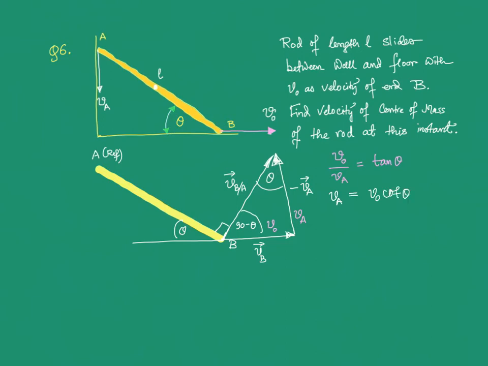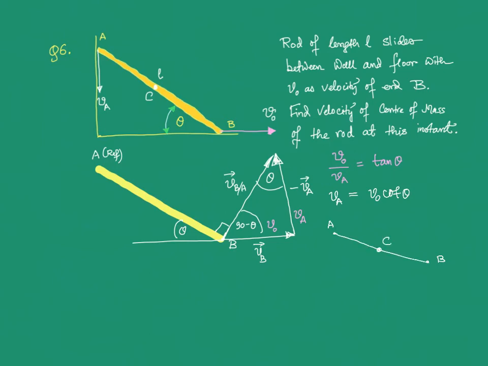Okay. Now we'll quickly find out the velocity of the midpoint C. So, the position vector of the midpoint. If you know the midpoint formula, suppose this is point A and point B and C is the midpoint.